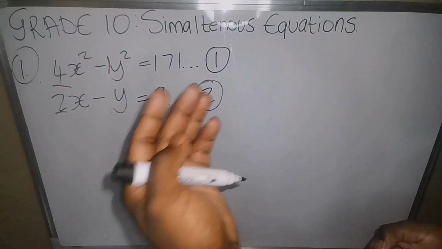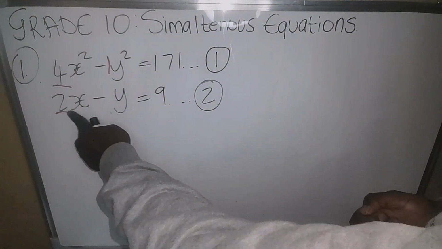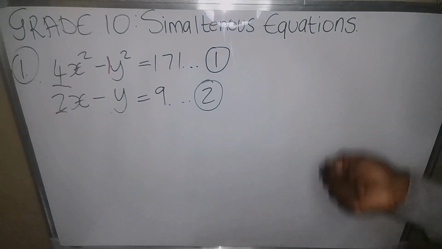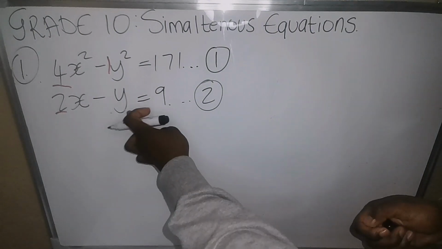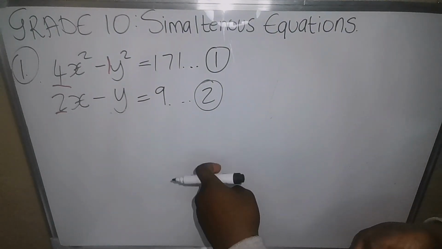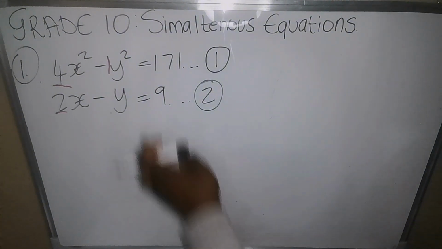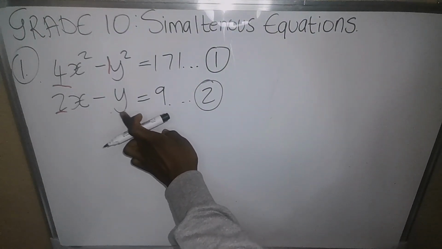You can make x the subject, but you just need to divide both sides by 2. It's going to be a long process, but the shortest way is to make y our subject of the formula. Leave out these squares, it's going to take a long time if you use the squared terms. Let's make y our subject of the formula.